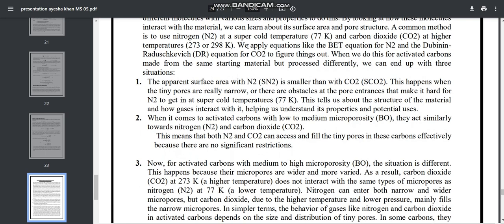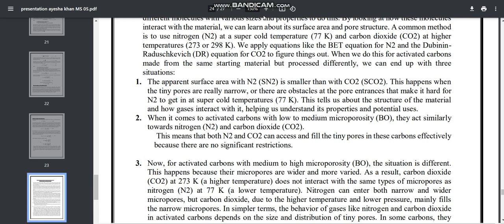The first one is that the material structure affects how gases enter the tiny pores. If the nitrogen surface area is smaller than the surface area from carbon dioxide, it suggests that narrow pores are obstructed at their entrances, especially at low temperature. This helps to understand the material properties and potential applications.